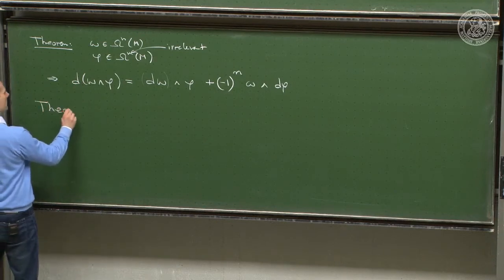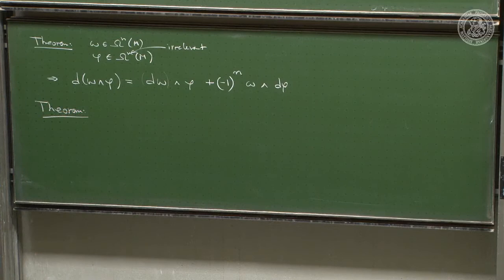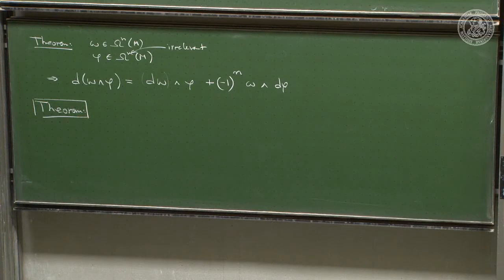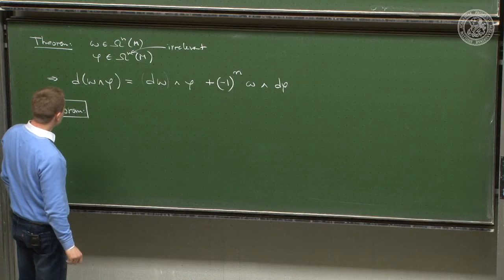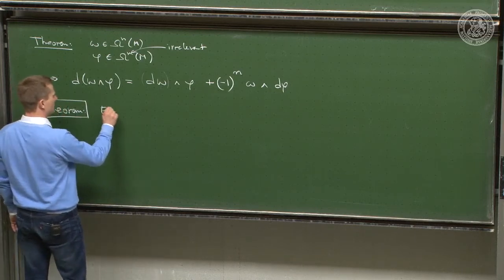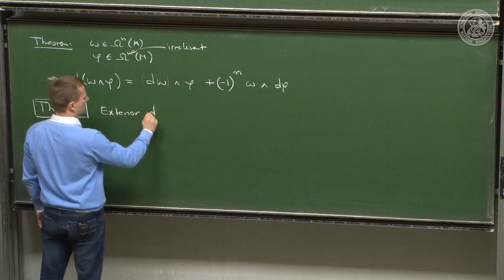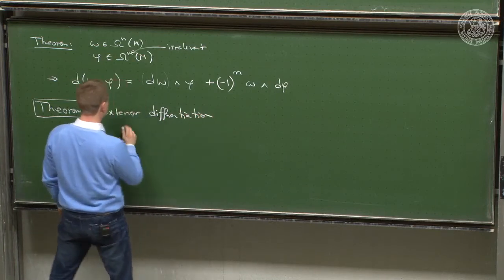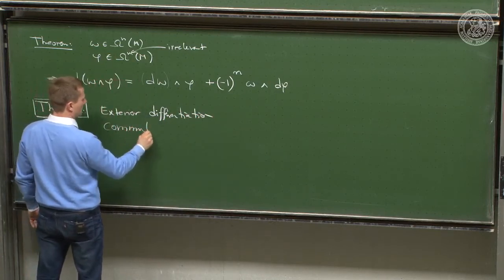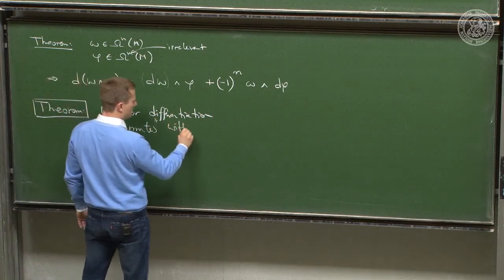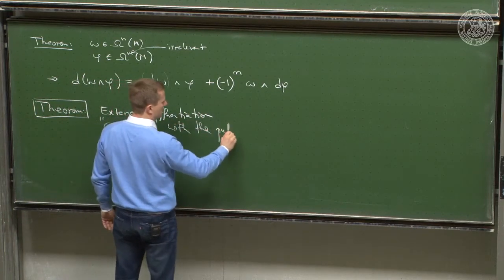And the other really wildly important theorem, so it deserves a box or something, because it comes as a gift, it comes in a box, is that the pullback commutes with the exterior differentiation. So exterior differentiation commutes, well, I put this in quotation marks, commutes with the pullback.